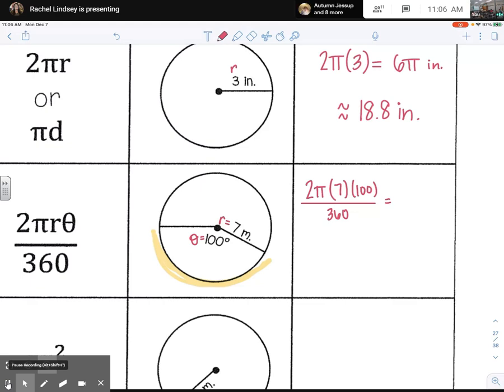That's 35 pi over 9. If you change it to a decimal, 12.21, or 12.2 meters, not inches.